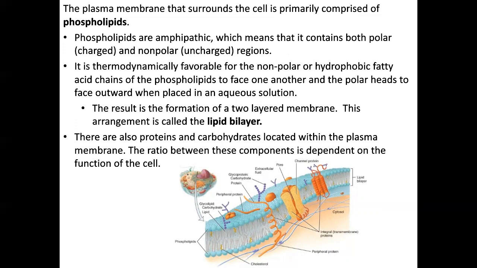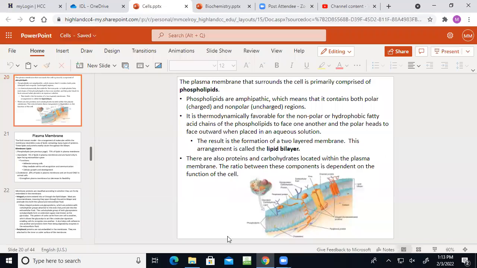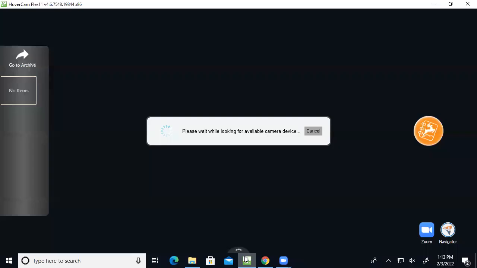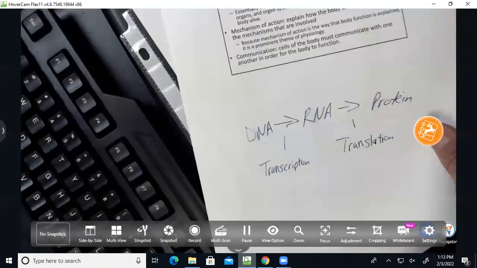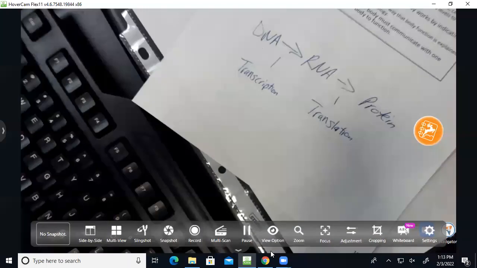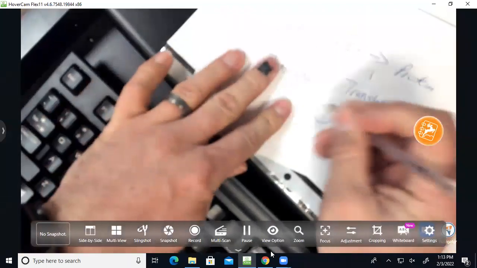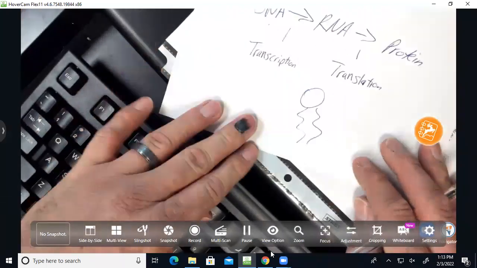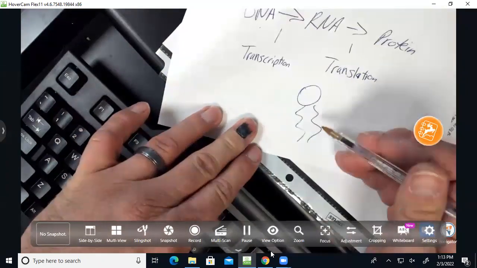Thinking back to what we talked about just the other day, we said a phospholipid has that kind of unique feature of being amphipathic, where it's got polar and non-polar parts, right? It's got a head and it's got two tails.